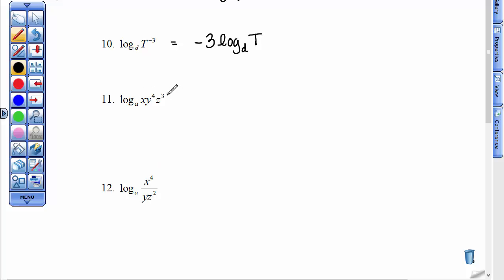So when you see this, and I want you to write this as a sum, difference, or multiple of logarithms, I first want you to write it as an addition problem. The log of x plus the log of y to the 4th plus the log of z to the third. And sometimes I'm a little lazy and I'll put my bases in afterwards, or sometimes I forget altogether. Hopefully I won't do that.